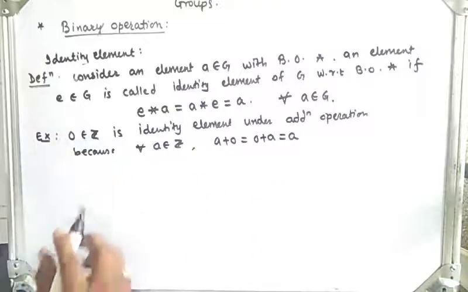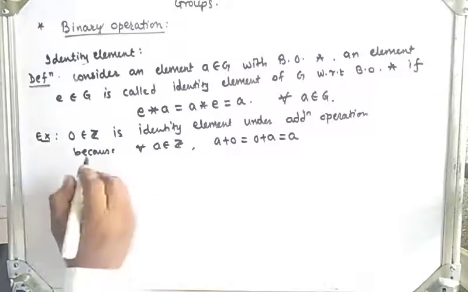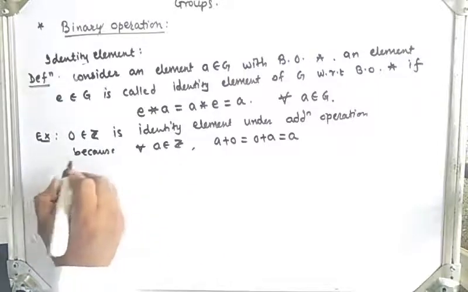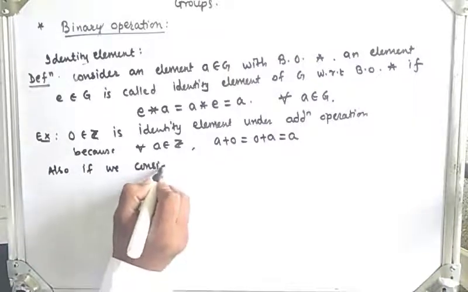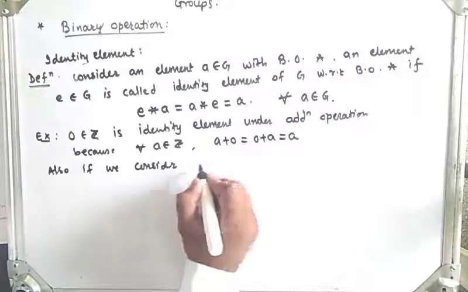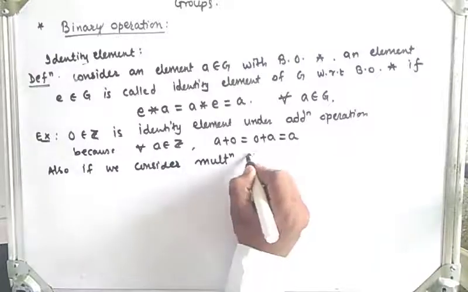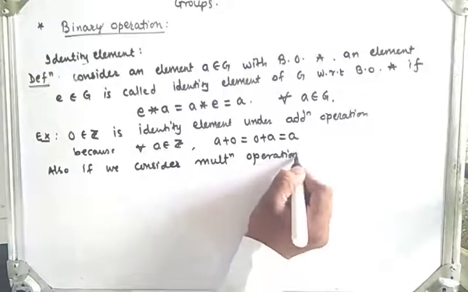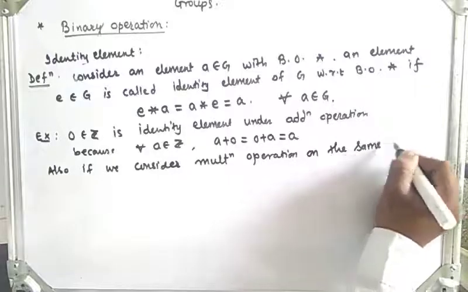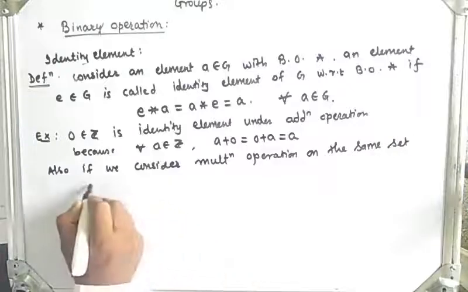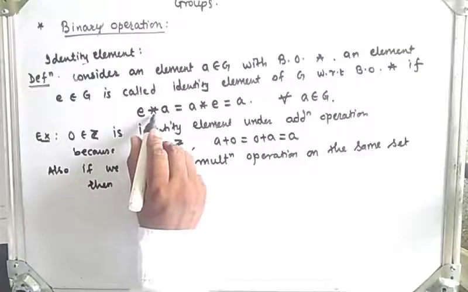If there is a multiplication operation, then what will we get? Here, if we consider the multiplication operation on the same set, then the operation star will be replaced by multiplication.